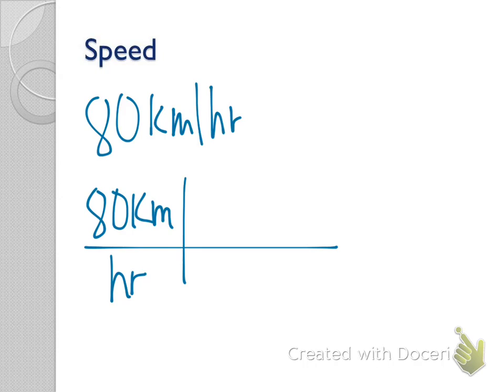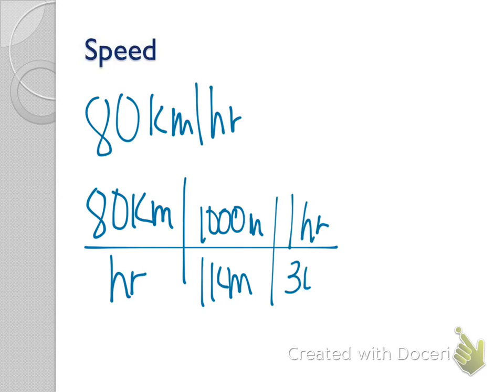Okay, 80 kilometers per hour, we want to get it to meters per second, so we're essentially just doing the opposite of what we just did, right? We'll say 1 kilometer is 1,000 meters, 1 hour is 3,600 seconds. That's how you convert from kilometers per hour to meters per second, right? We on the same page?